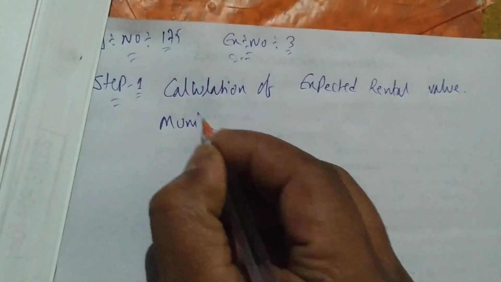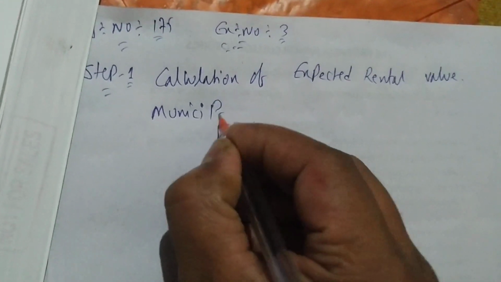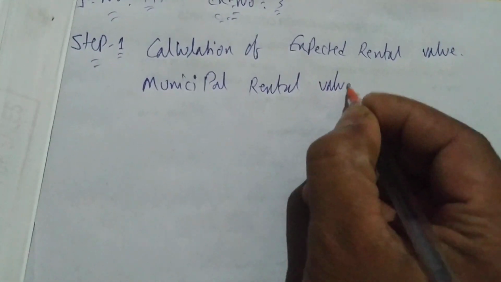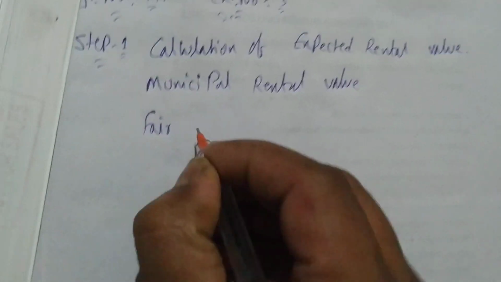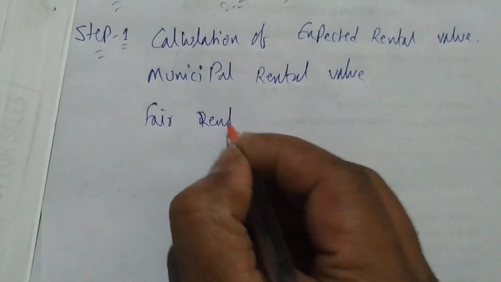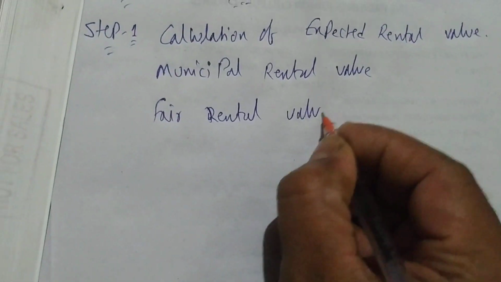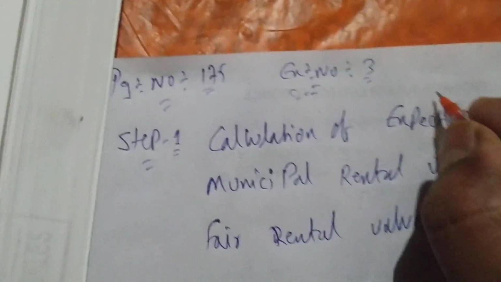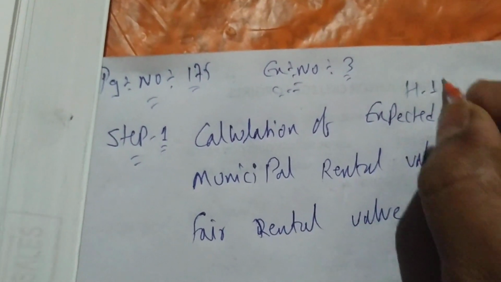We need municipal rental value and we need fair rental value. We are calculating GAV for house 1.